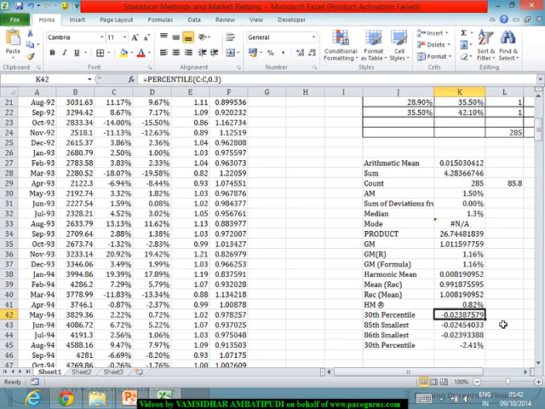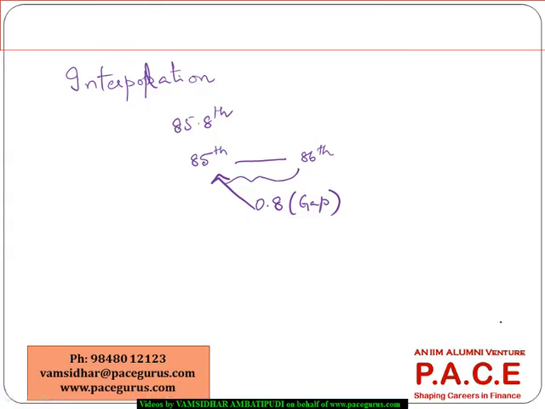The simpler way to compute it is to find L, which is (n plus 1) times y by 100.